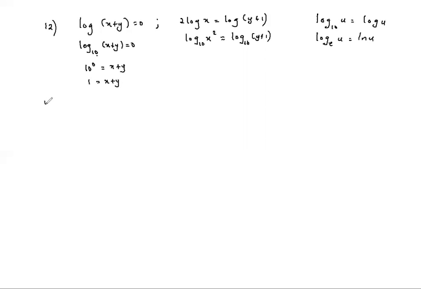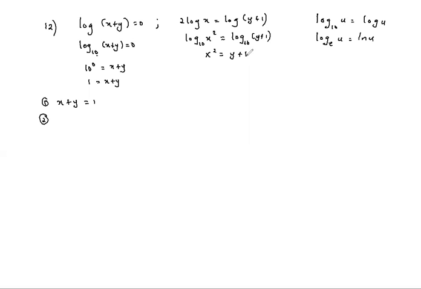So this is our first equation, x plus y is equal to 1. We're looking for a second equation so that we make them simultaneous. Now, since we have log 10 on both sides, it means that the inside ones are the same. So x squared is the same as y plus 1.